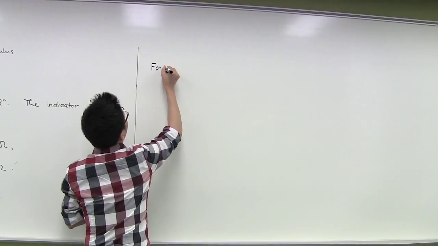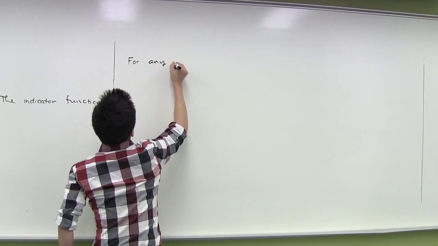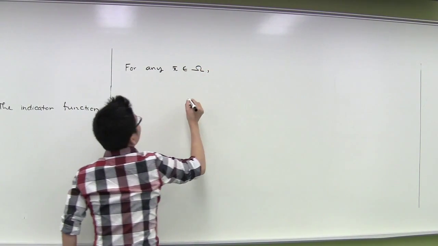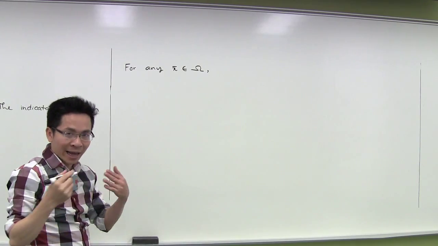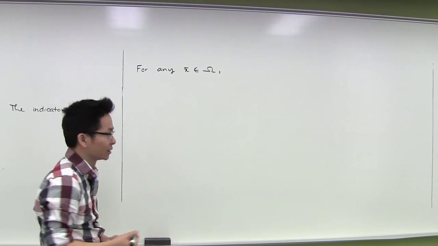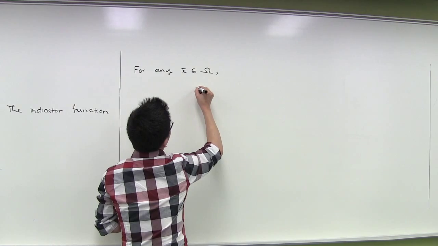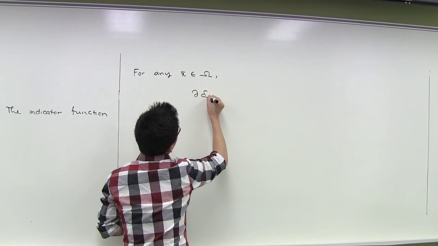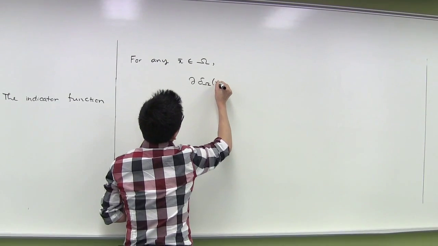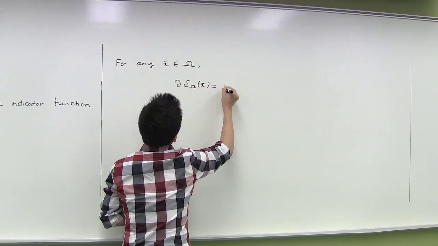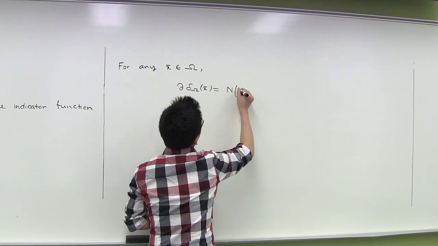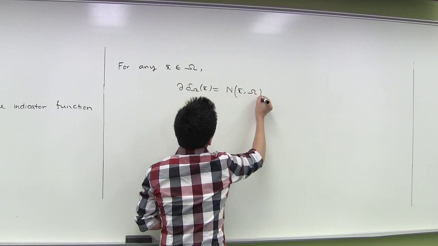For any x bar in omega, or for any x bar in the domain of the function, the subdifferential of the indicator function at x bar is equal to the normal cone to omega at x bar.